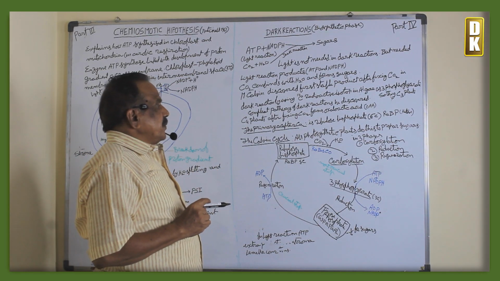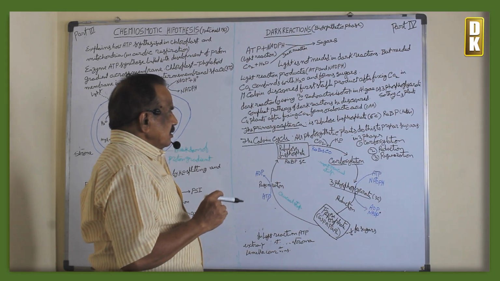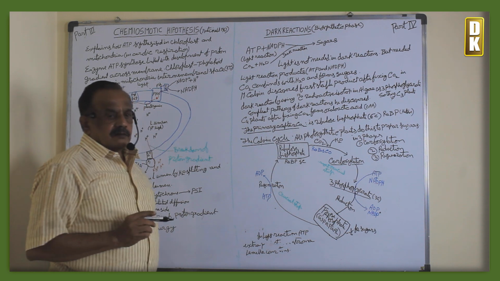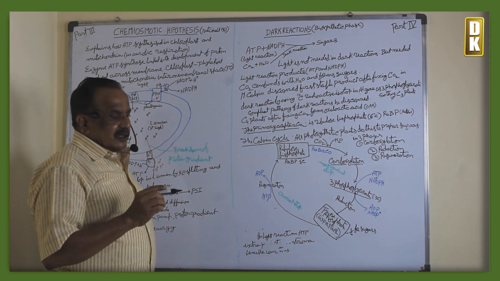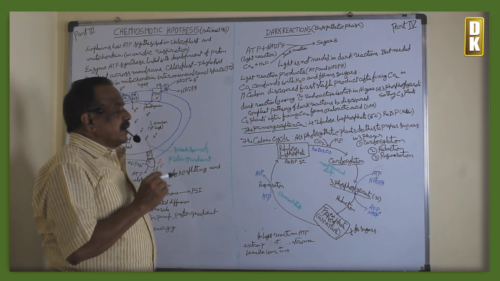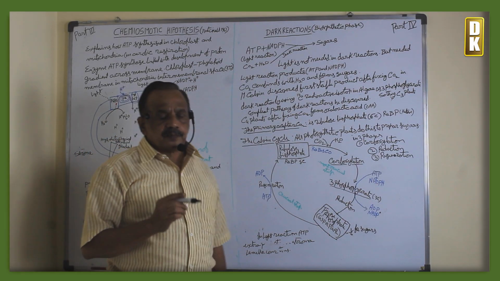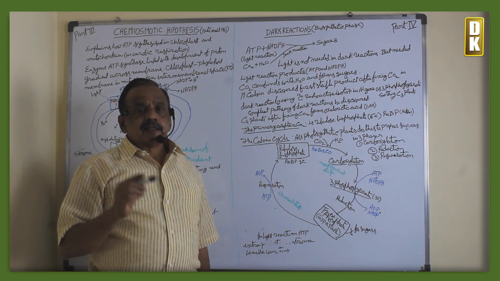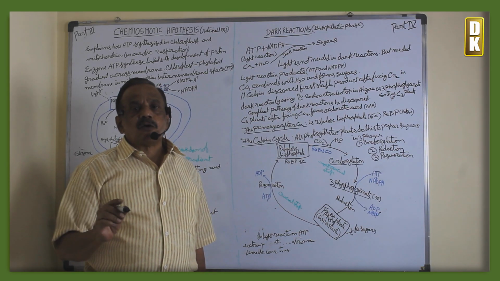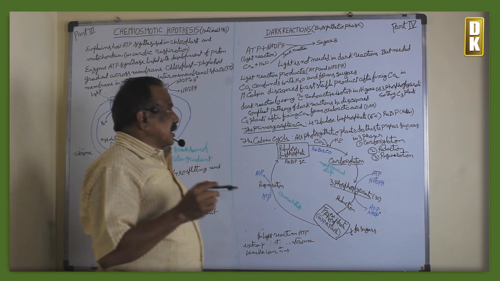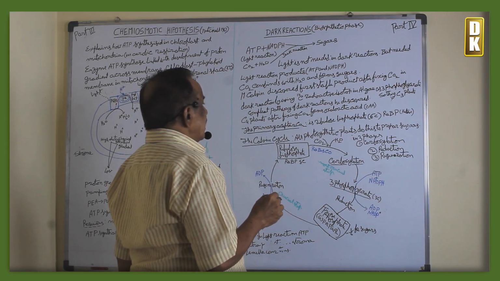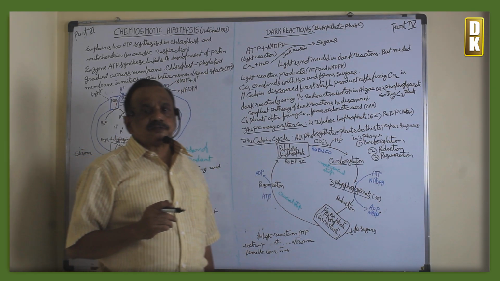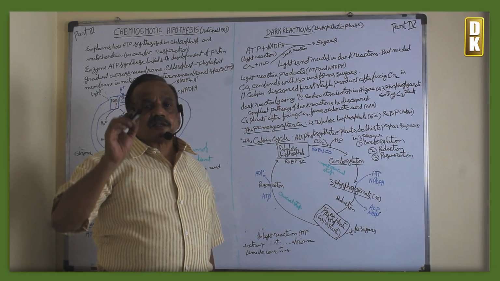So RuBP is the first acceptor of the carbon dioxide, along with water, and the enzyme is RuBisCO. RuBisCO means ribulose bisphosphate carboxylase oxygenase.